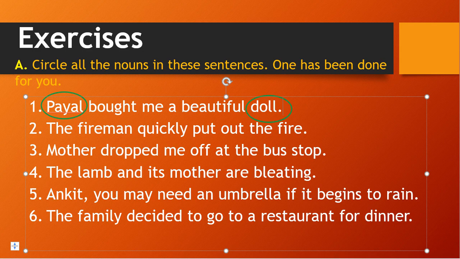So these two are nouns here, correct? In this exercise we have to mark down these nouns. The first example is already shown, so we need to do the remaining. In this lecture we are going to discuss only this exercise. In the next lecture, we will discuss the remaining two exercises from our book.